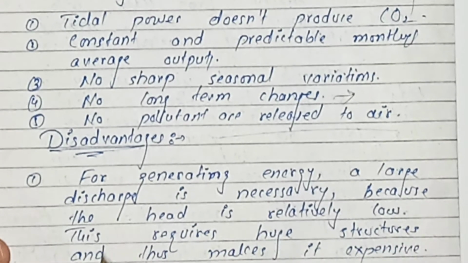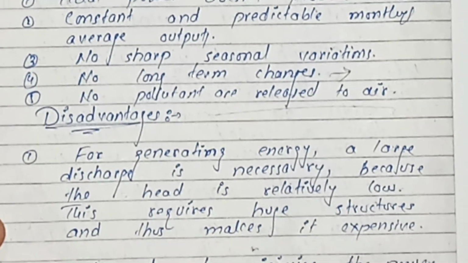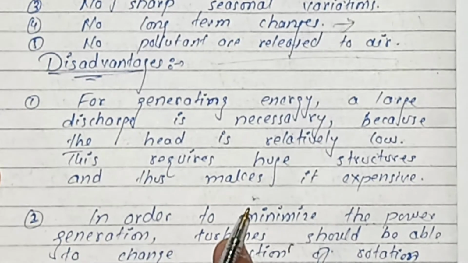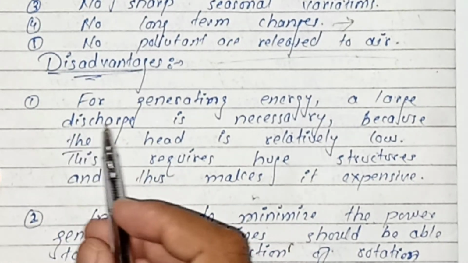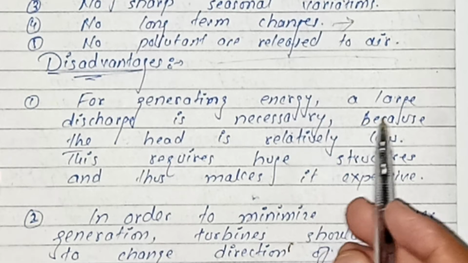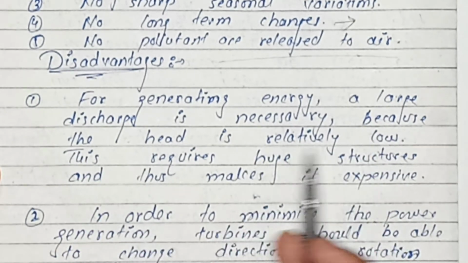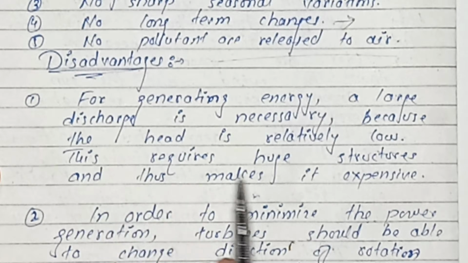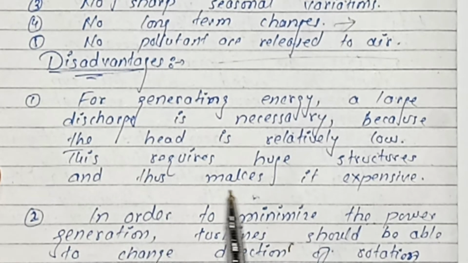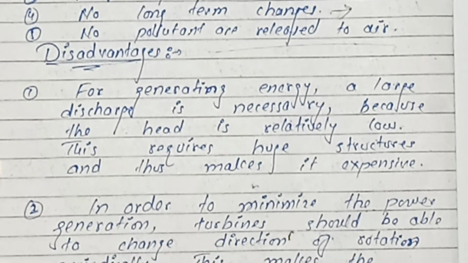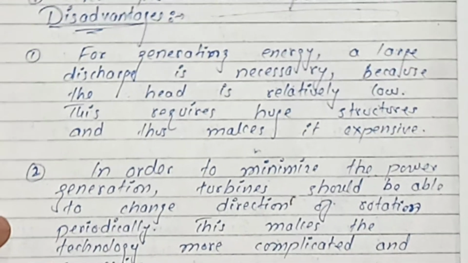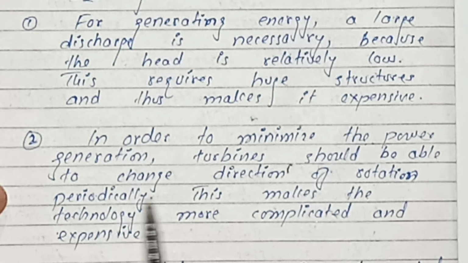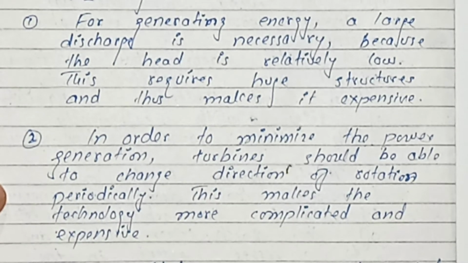Now the disadvantages of tidal energy. The first disadvantage: for generating energy, a large discharge is necessary because the head is relatively low. This requires huge structures and thus makes it expensive. In order to maximize power generation, turbines should be able to change direction of rotation periodically.